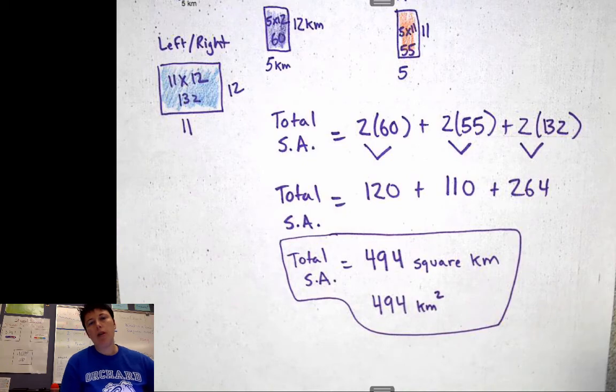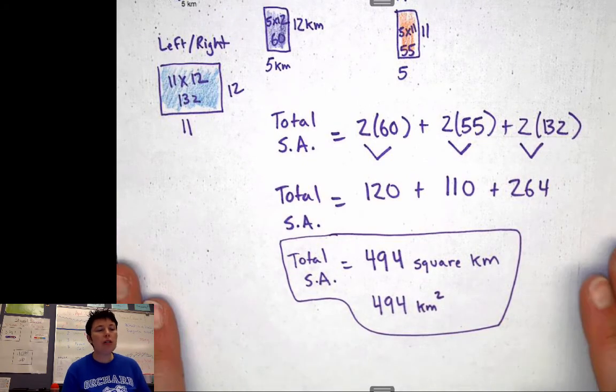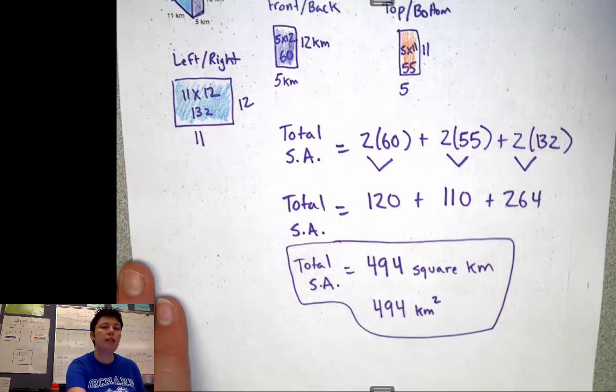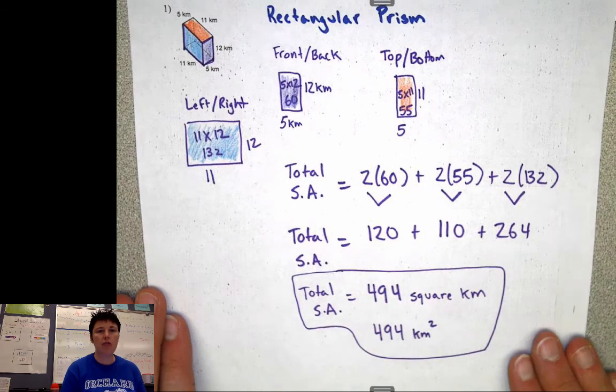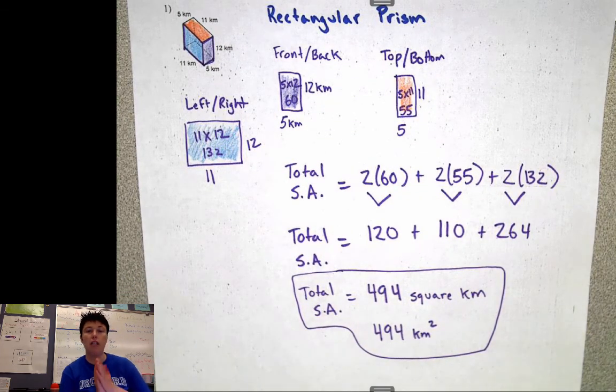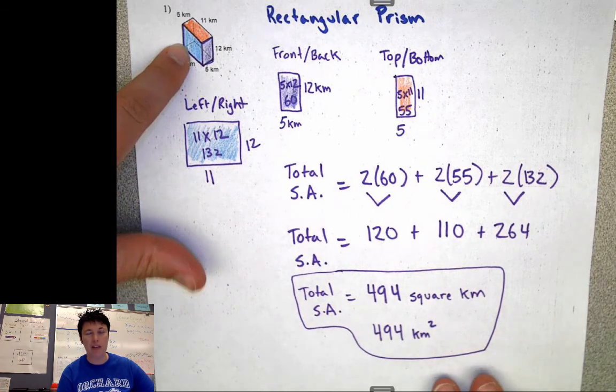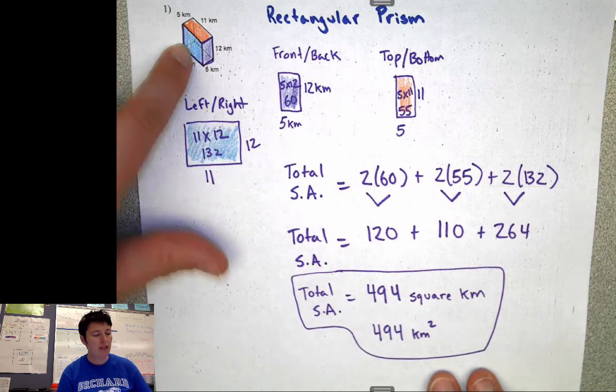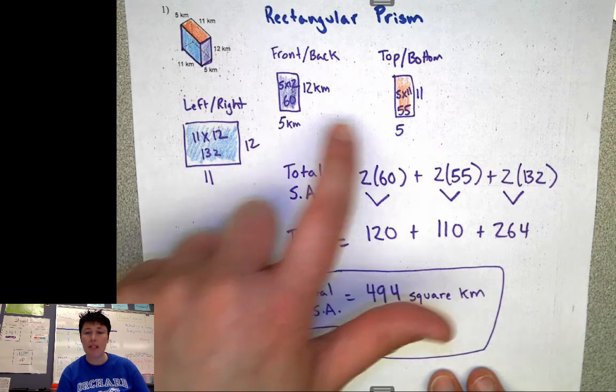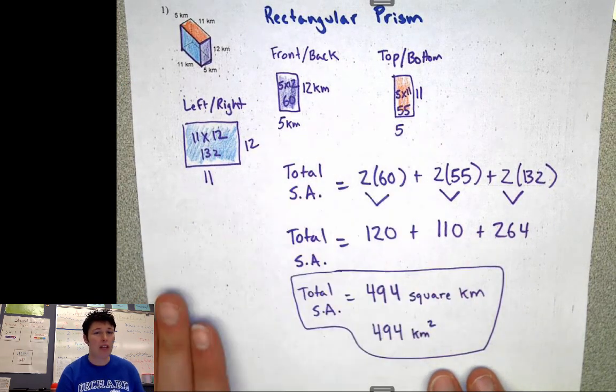So take a quick moment before this video ends to notice how organized the work is. I think there's kind of a process to this. You really want to make sure that you're looking at your 3D object and sketching it out nicely. Now, I know drawing the actual 3D object can be kind of a challenge, but you can definitely sketch out the sides, the faces, without too much of a challenge.